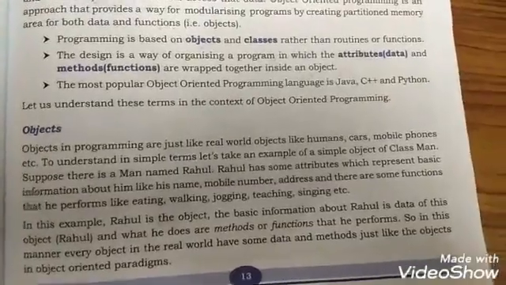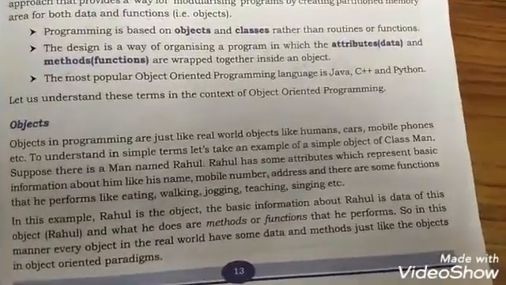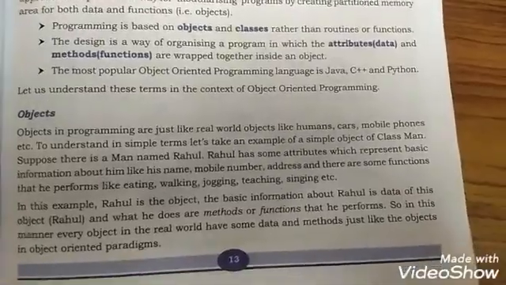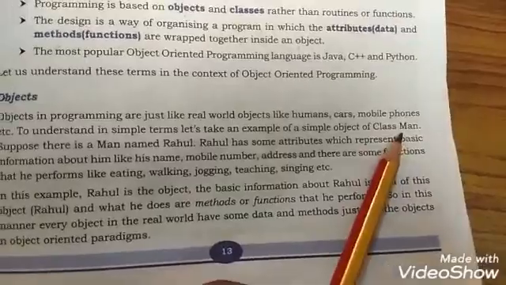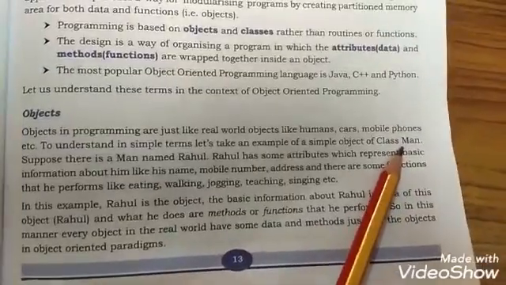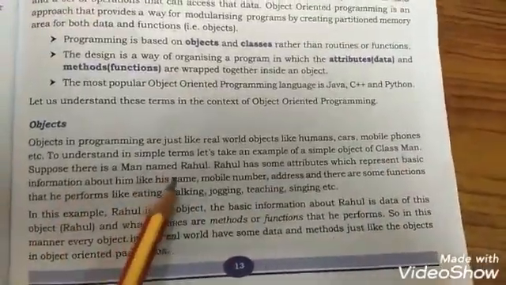To understand in simple terms, let's take an example of a simple object of class men. Suppose men is a class, and suppose there is a man named Rahul.